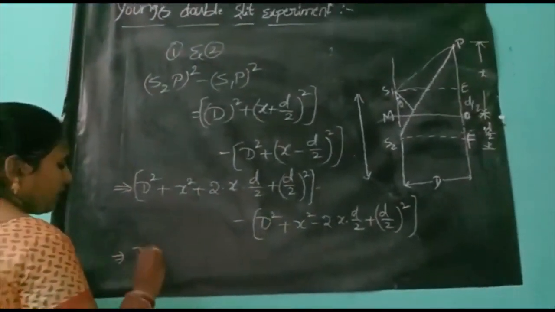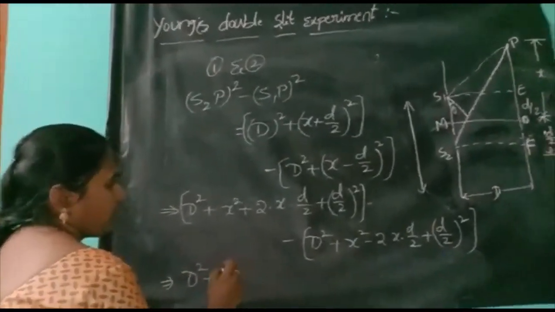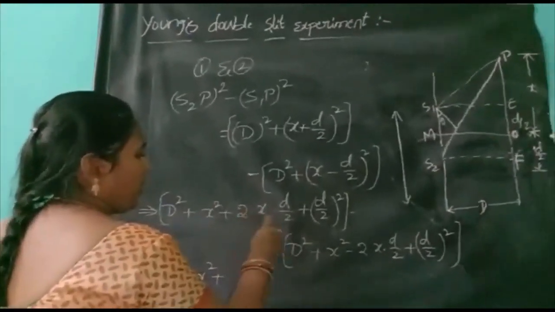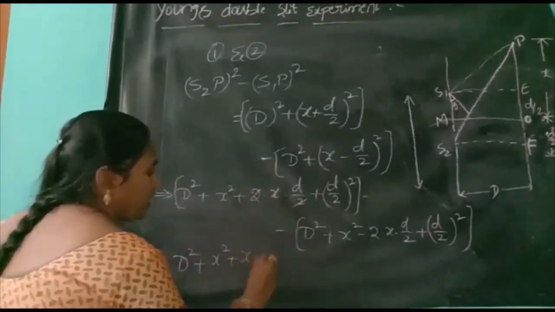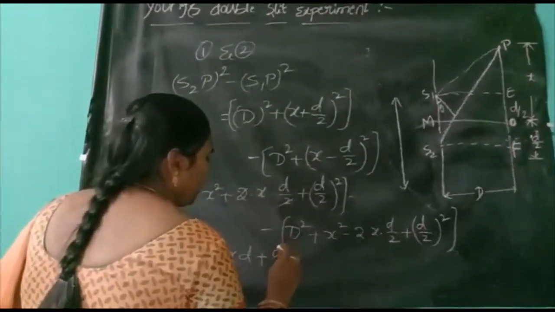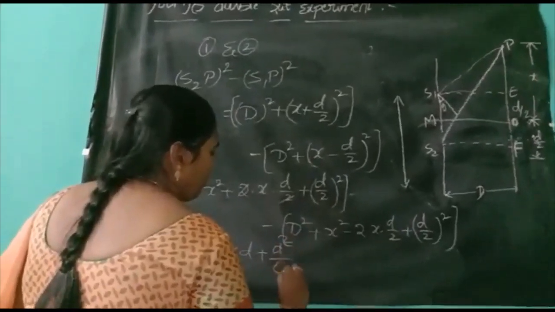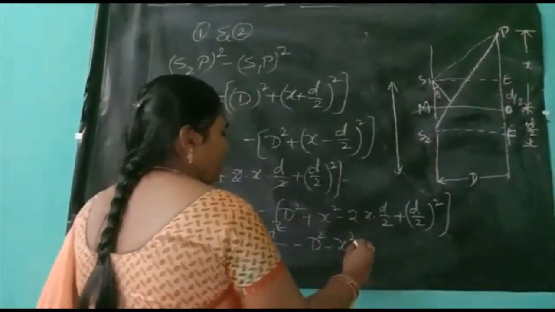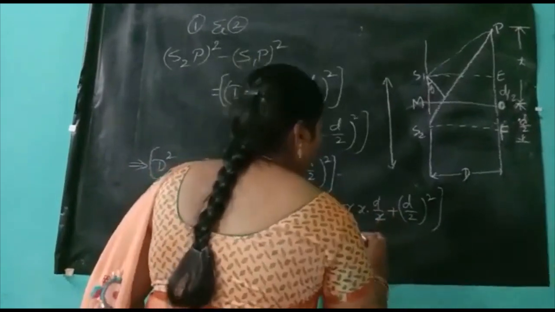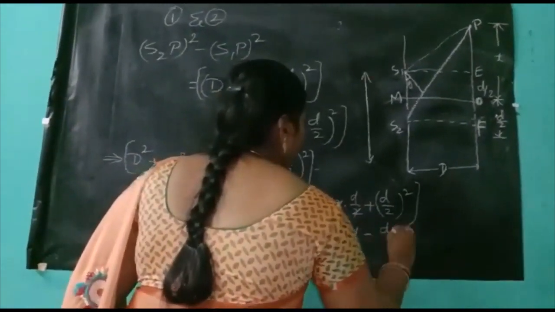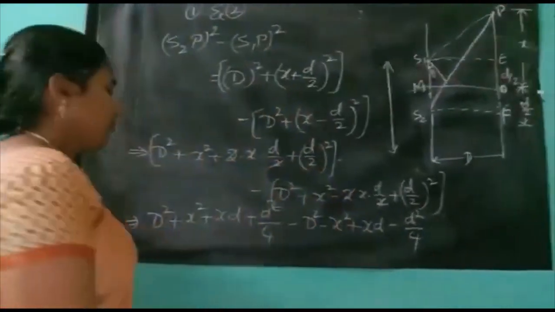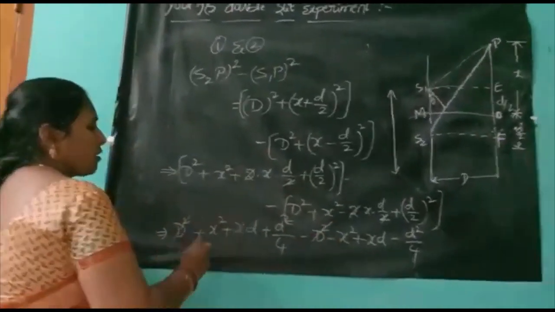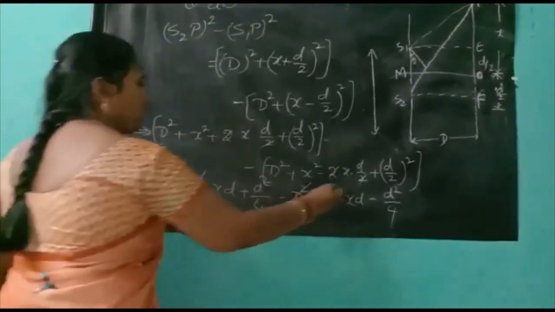Here the D square minus D square terms will be cancelled. The x square minus x square terms will be cancelled.